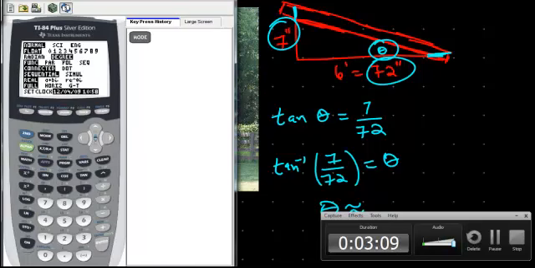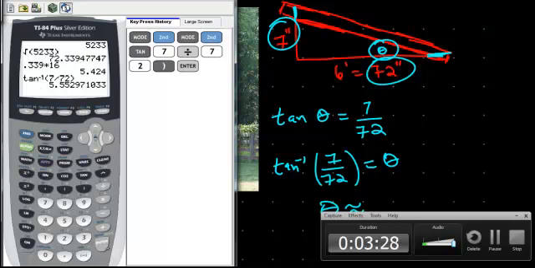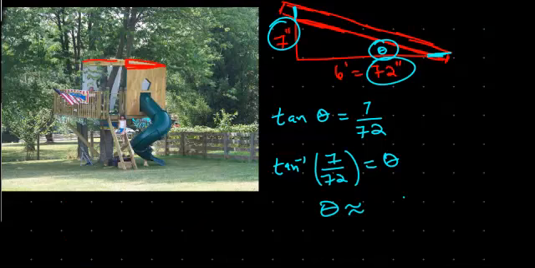Let me go in degrees. So I'm in degrees there, so second quit, and the inverse tangent is right there. So inverse tangent of 7 over 72. I seem to remember this being about 4 degrees. Let's see, 5.55 degrees.